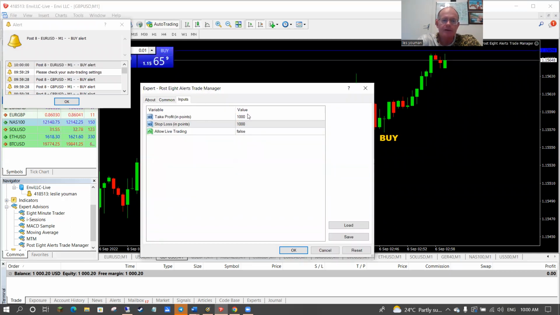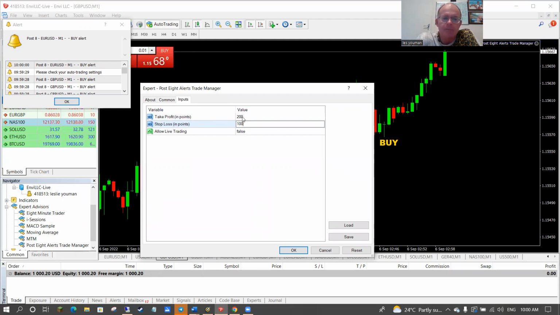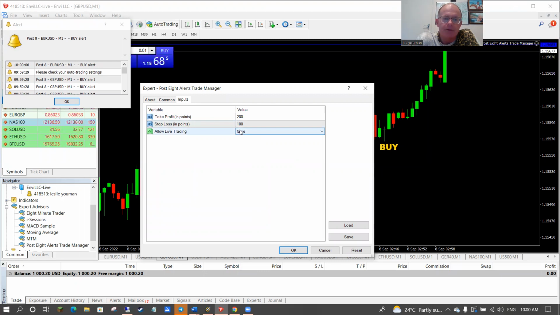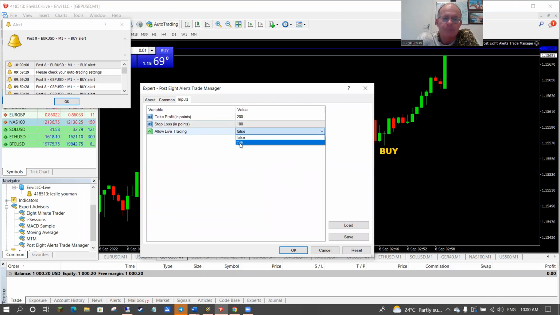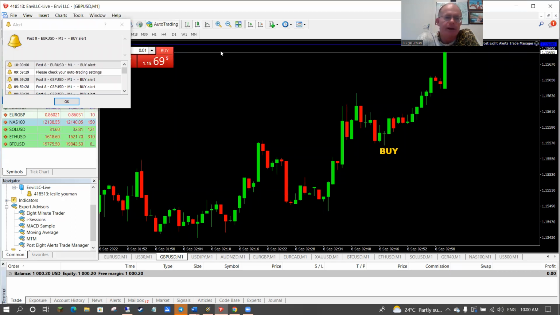And now we want to set this. All this trade manager is going to do is automatically place a take profit and a stop loss when we place a trade. So I'm going to set my take profit at 200 and 100, and I have to turn this to true. And okay, now that's all set up.